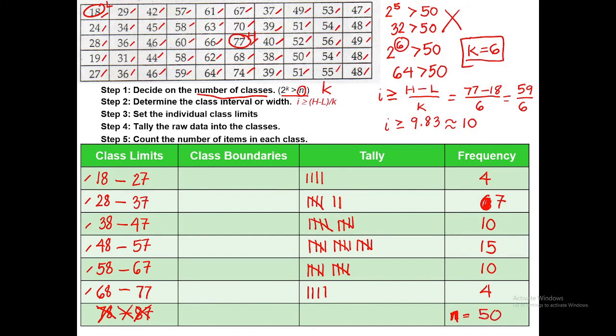So probably something was missed when we tallied earlier. Anyway, if that error comes up again, we will go back to the tallying.